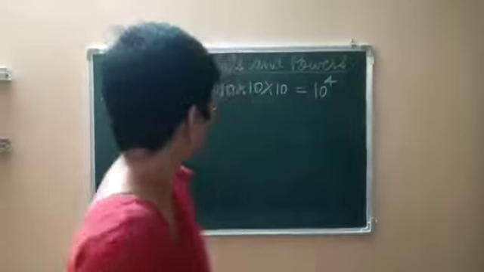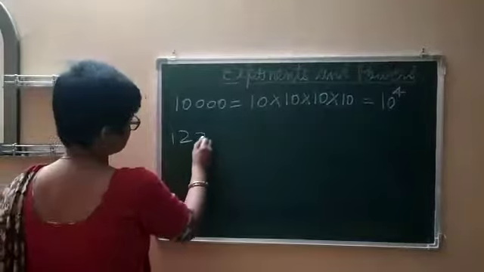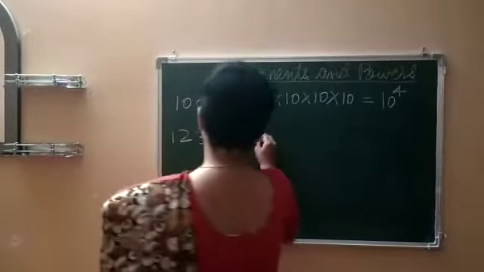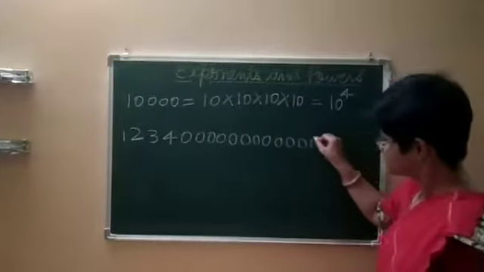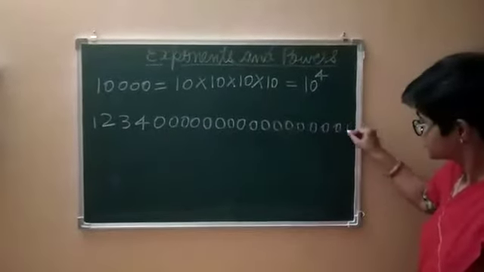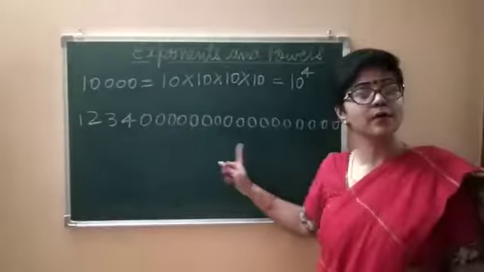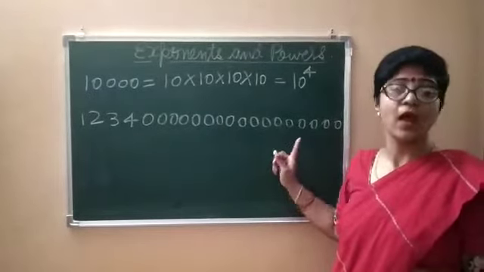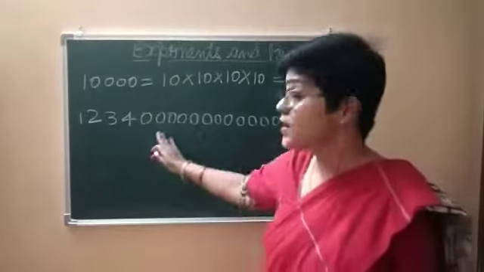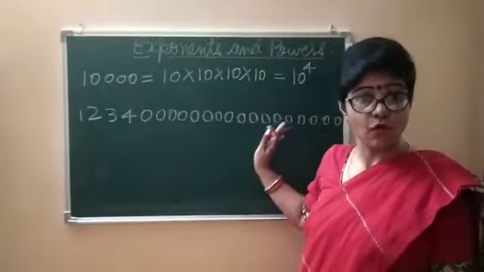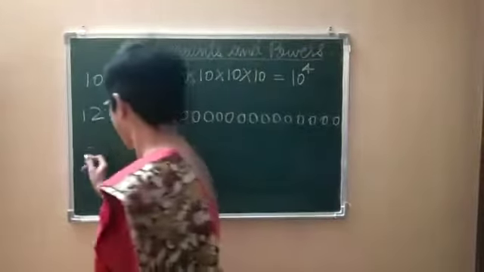Now I am giving you a number. Can you read the number? I suppose you cannot read the number because the number is very large. So now I am giving you one more number.